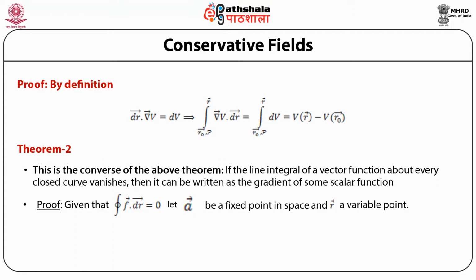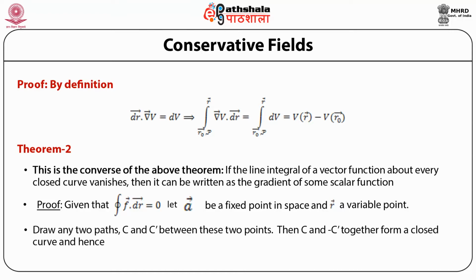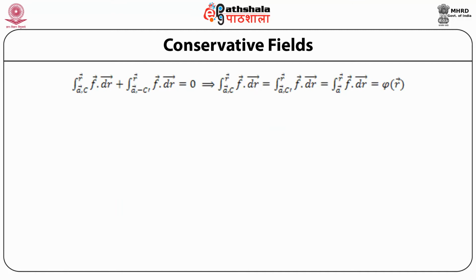So its proof: given that the integral of F·dr equals 0, let A be a fixed point in space and r a variable point. Draw any two paths C and C' between these two points. Then C and -C' together form a closed curve, and hence the integral from A along C to r of F·dr plus the integral from A along -C' to r of F·dr equals 0.